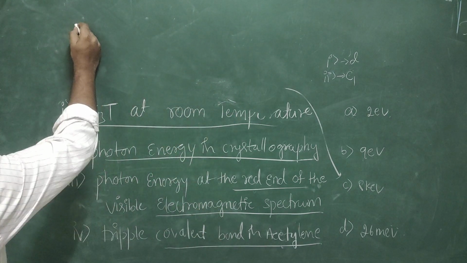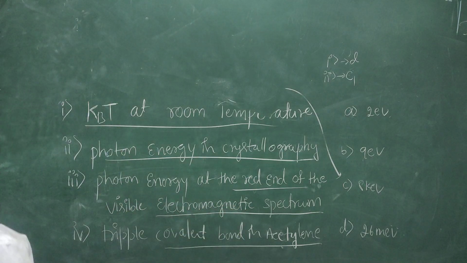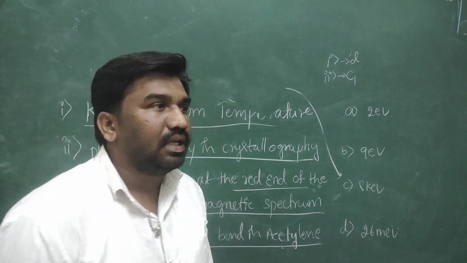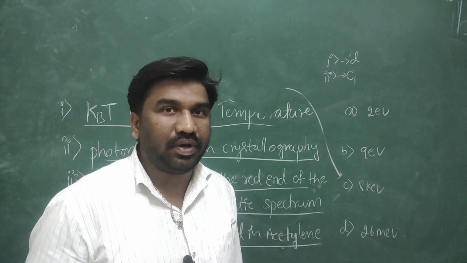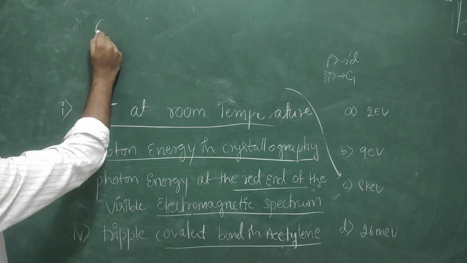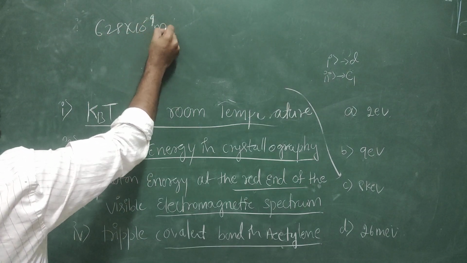Next, the third one. Photon energy at the red region. We know that the wavelength of red is 620 something nanometer to 720, so it comes under the visible region. So I will take 628 into 10 to the power of minus 9 meter.